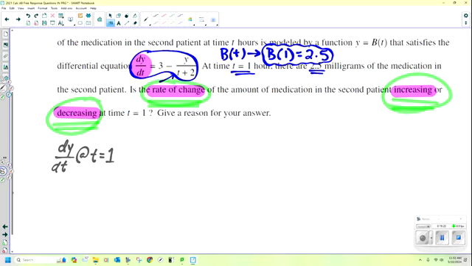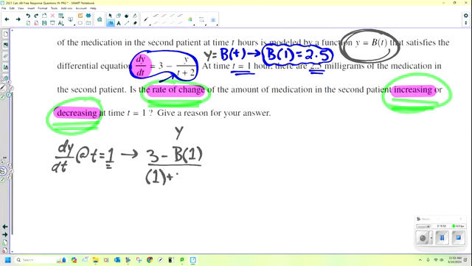Right? So the first thing I'm going to do is I've got 3 minus y. Now, isn't y basically the same thing as B of t? It tells us right here. So I'm going to put a B of t, and what time do we want? At time equals 1, all over time, which is also 1, plus 2. So we have 3 minus, what is B of 1?